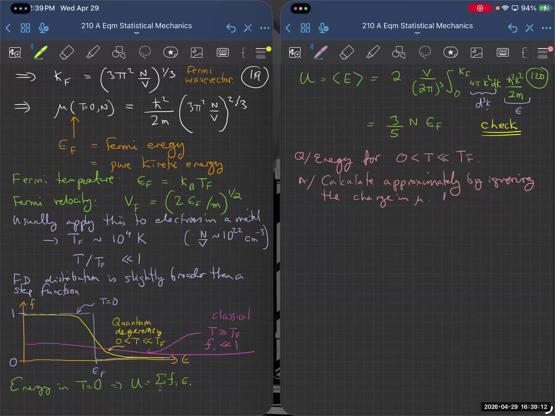So we're going to assume for this calculation that mu of T is roughly equal to mu of 0, and the reason that we can do that is for simplicity.